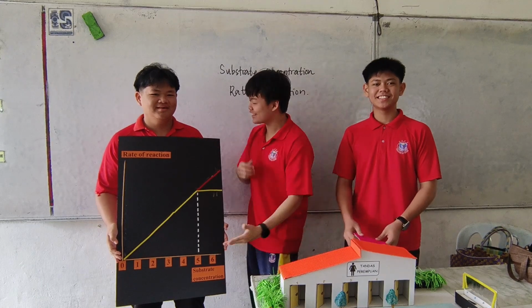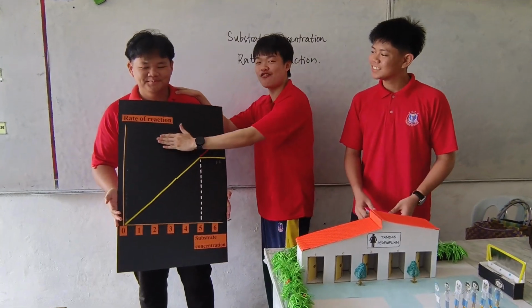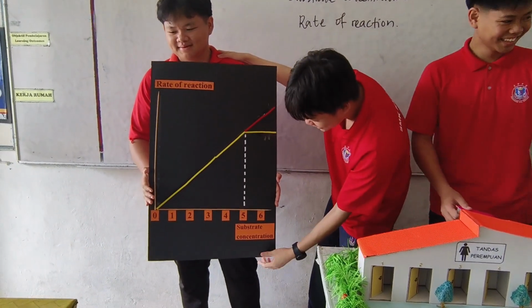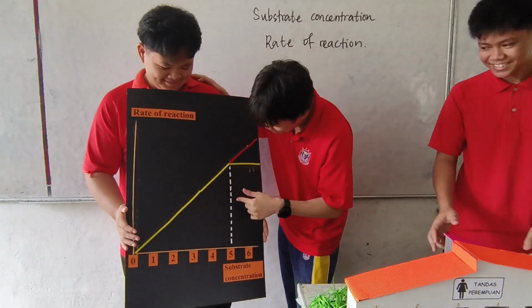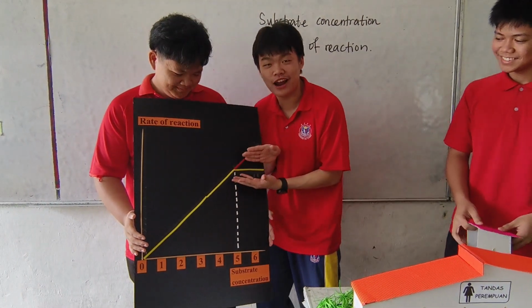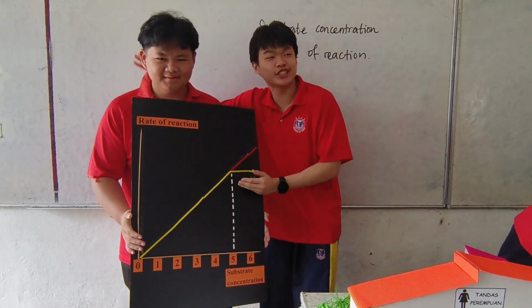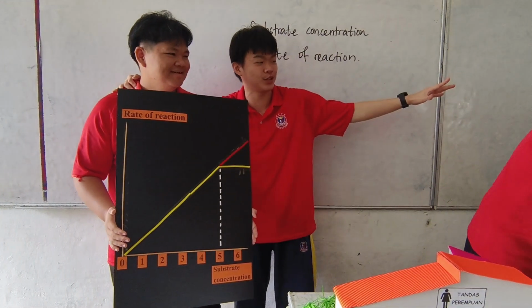Good morning everyone. As we can all see here, this is the rate of reaction of the enzyme against the substrate concentration. At this specific point, look at this straight line. The enzyme reaction stopped. How can we explain this situation?